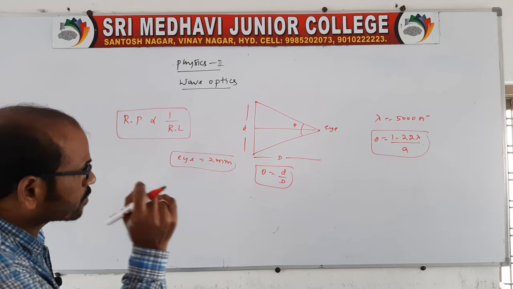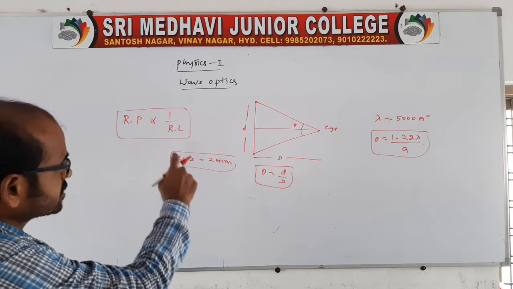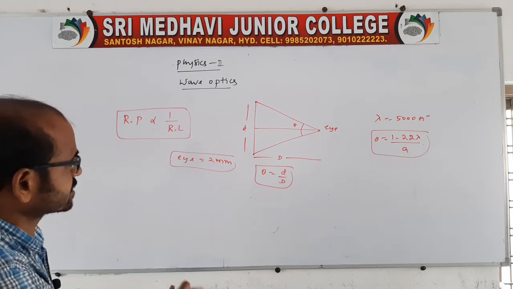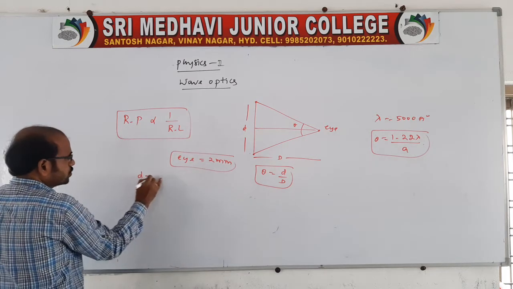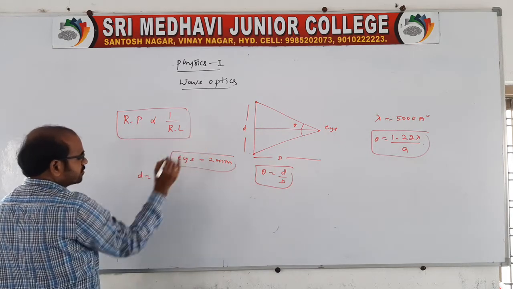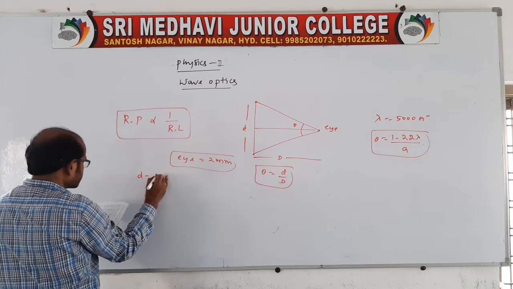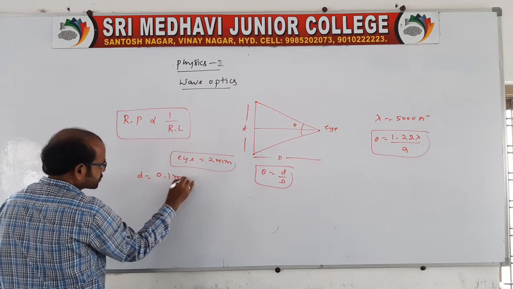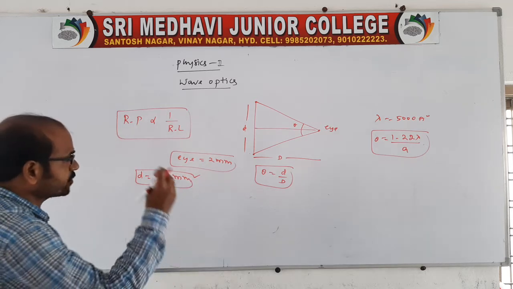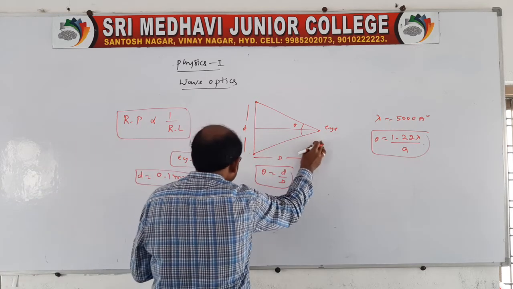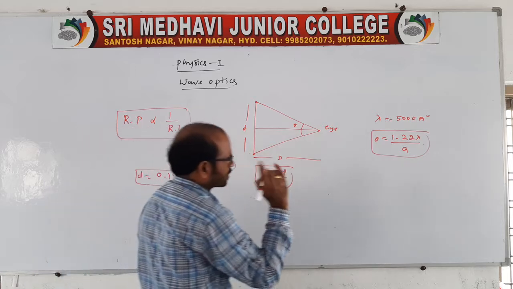So for the normal eye, if the 2 objects are separated like this, our eye can see the image if the distance between the two objects is 0.1 mm. Therefore the eye can resolve this. And the angle subtended at the eye is 1 minute of arc.